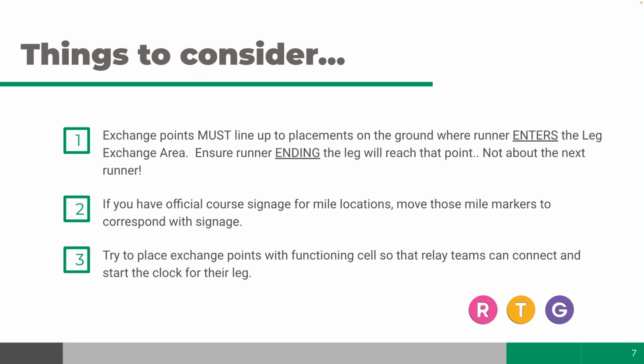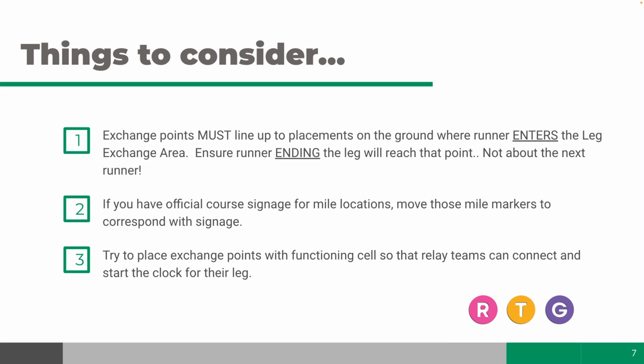If you have official signage, we always recommend, whether it's relay or standard, if you're doing official signage out there, move your markers. Don't worry about the anomalies that we report out, like, hey, this point's at GPS measurement 23.2, and we're seeing something different. Remember, those map anomalies are based on GPS measurement, which does not always line up with wheel measurement.